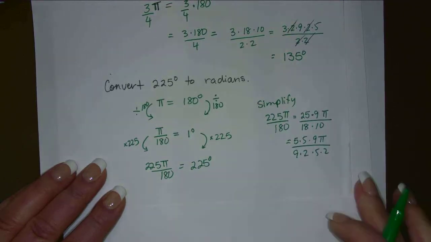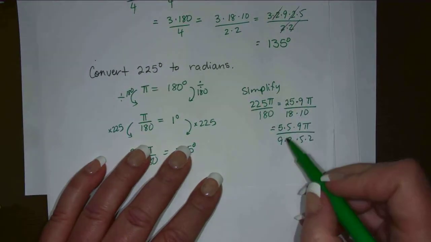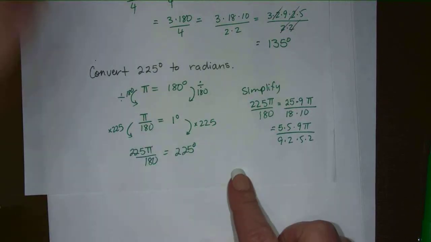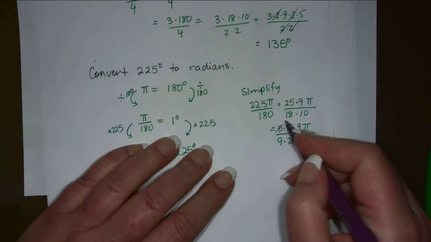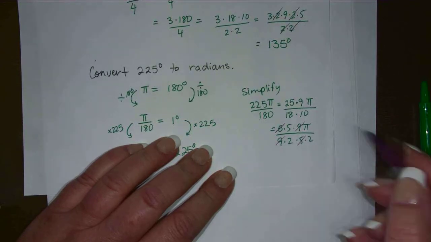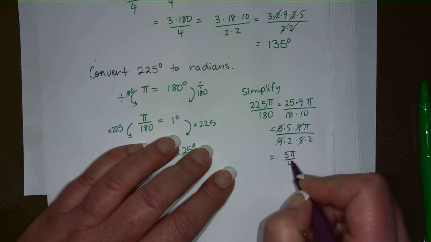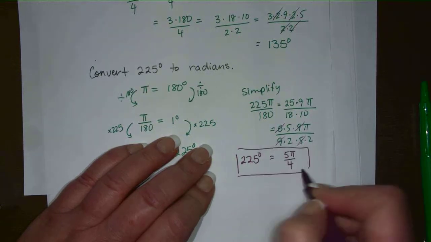Okay, and again, you don't need to break it up this way if you want to just cross them off. Okay, so I've simplified it so that I can cancel a few things. What cancels? A 5, a 9, anything else? No, so we're left with 5 pi over 2 times 2, 4. So 225 degrees is 5 pi over 4.